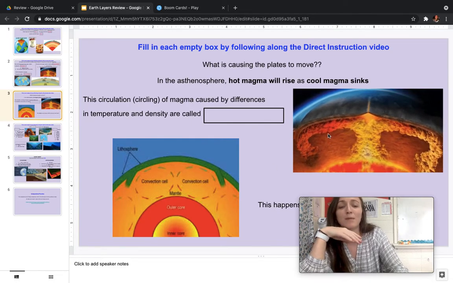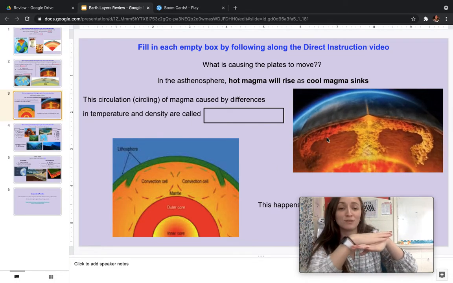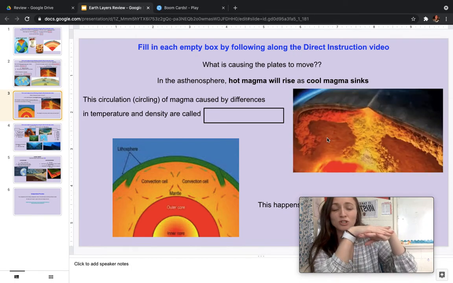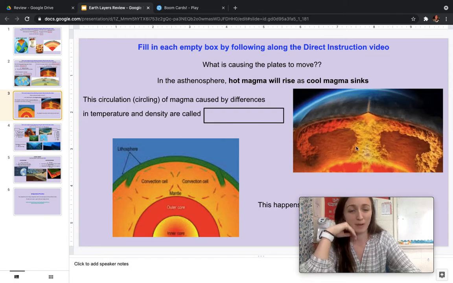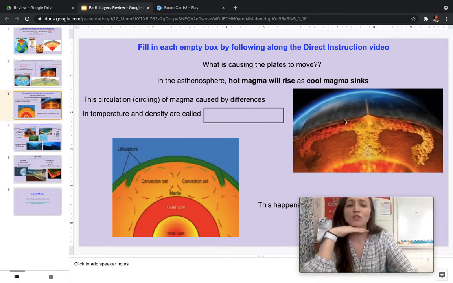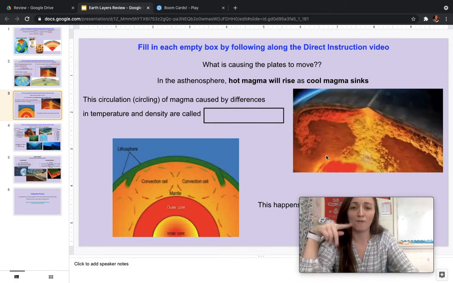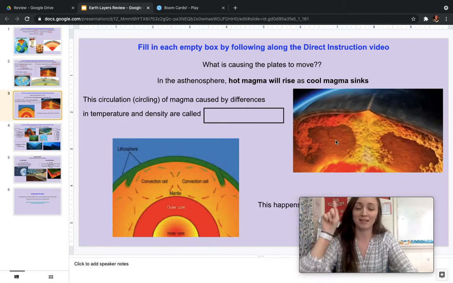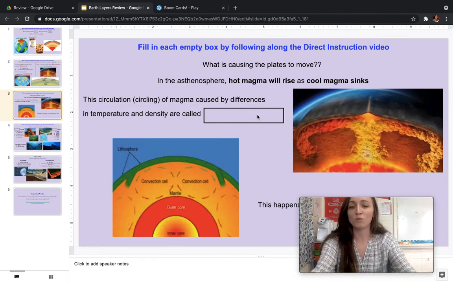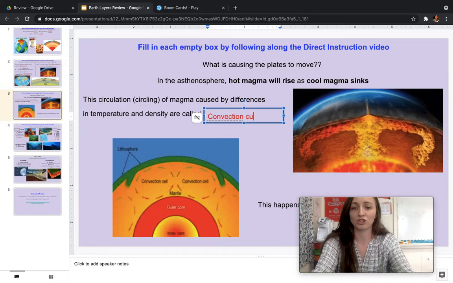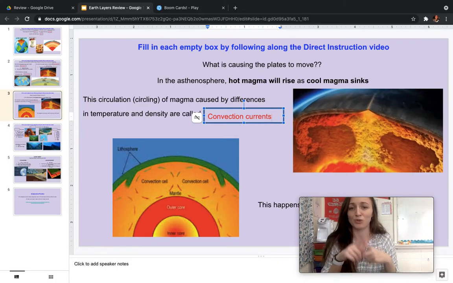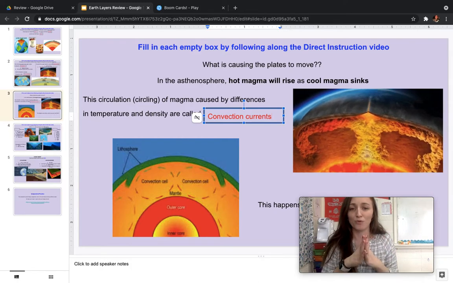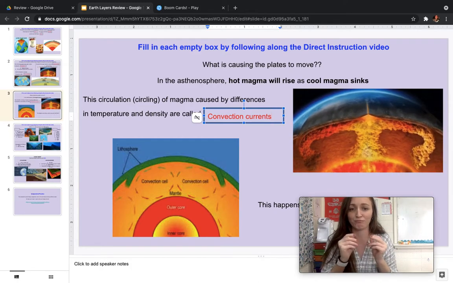As that magma moves, the lithosphere that's sitting on top of it is going to move along with it. It's going to pull it, kind of like a conveyor belt in a factory. So that cycling of the magma, the hot magma rising, the cool magma sinking, is what we call convection currents. Those are currents of magma that are going to slowly over time move that lithosphere.